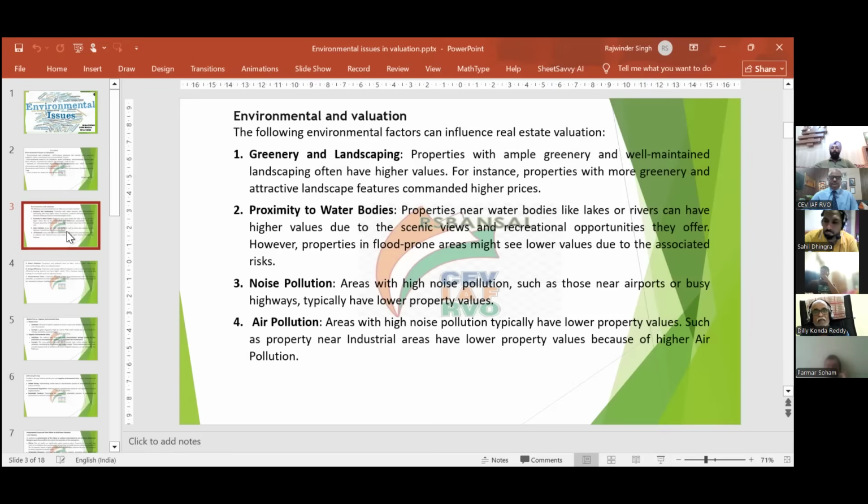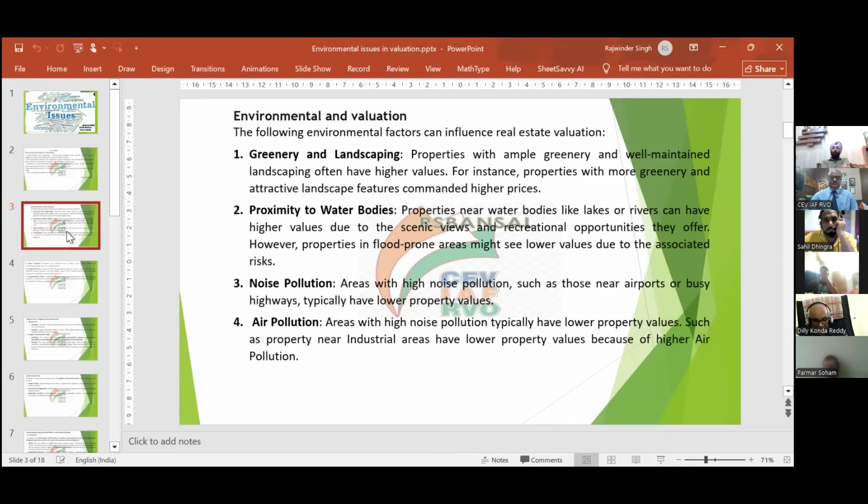Otherwise, if they are in flood prone areas, these properties may have lower value due to the associated risk.